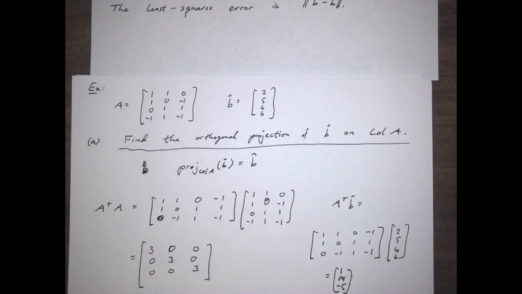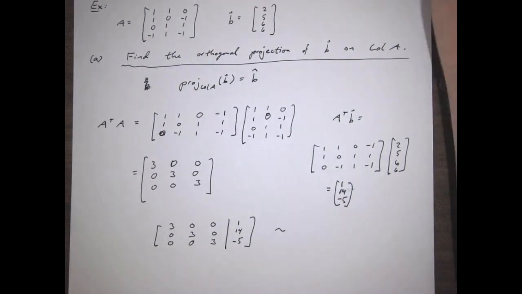And so what we have here is [[3, 0, 0], [0, 3, 0], [0, 0, 3]] augmented by 1, 14, and -5.